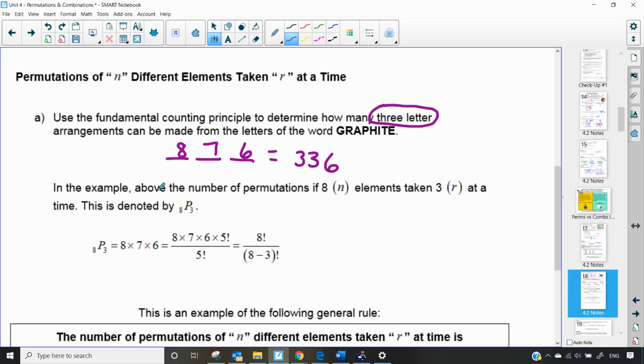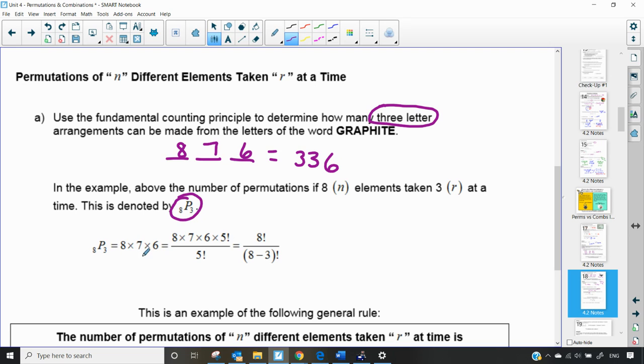I can also look at this a different way. It says in the example above, the number of permutations of 8 elements taken 3 at a time can be written as 8P3, or you'll often hear me say 8 pick 3. So 8P3, that's us taking 8 times 7 times 6.